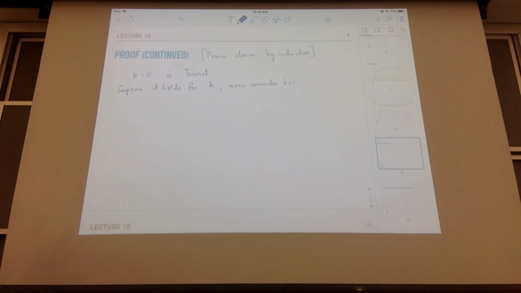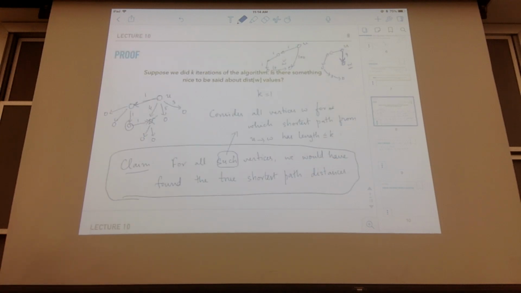Okay, so I guess what he's trying to say is, we know by the inductive assumption that if you did k steps, then for all vertices whose shortest path from U had at most k steps, I should probably not use the word length here, but number of hops, because I'm using length in 2 different ways, so I don't want to do that.